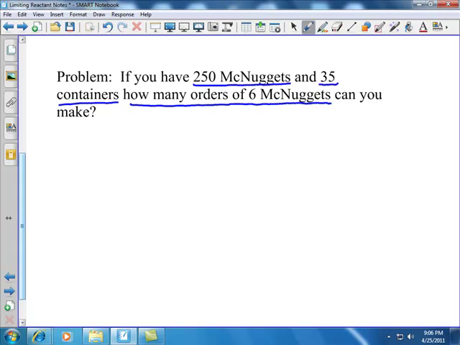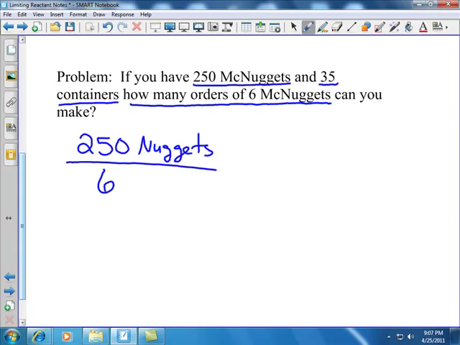So what you're going to do is, first of all, take your 250 McNuggets, and we're going to divide that by 6 McNuggets per container. So if I take 250 divided by 6, that gives me 41.6 containers I can make.